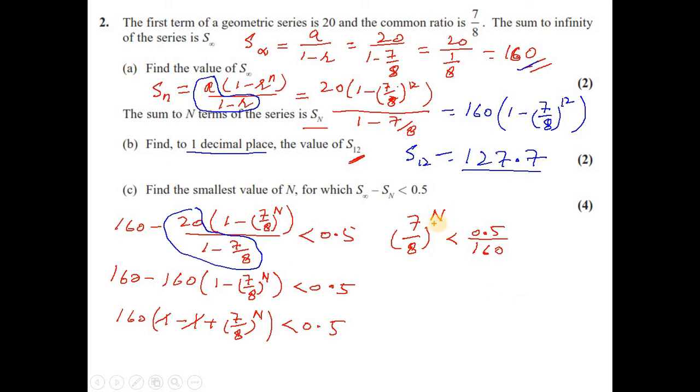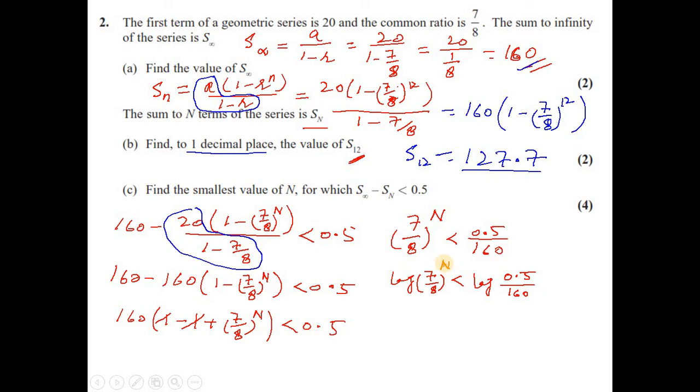So n is in the power or exponent, so we will have to use log so that we can bring this n down. So we apply log. I'm doing an additional step just for your understanding. If you apply log on both sides, log of 7 by 8 whole power n is less than log of 0.5 divided by 160.